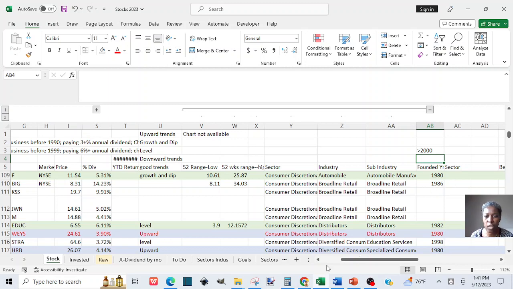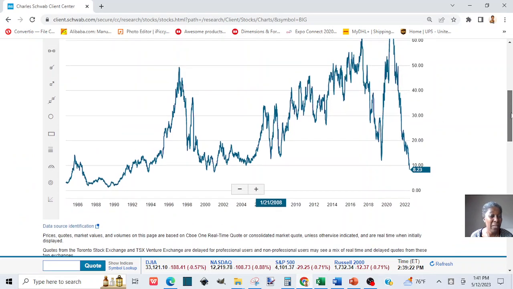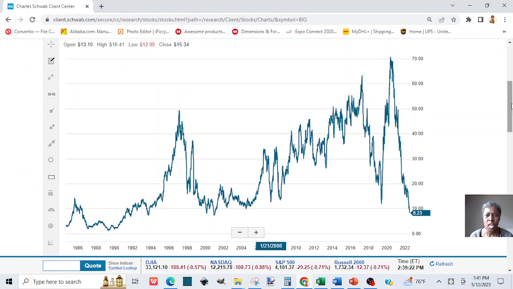So now let's look at the chart. How will you qualify this chart? I will call it growth and dip. What I mean by that is it is going up, going down, and the up and down gap is quite wide.